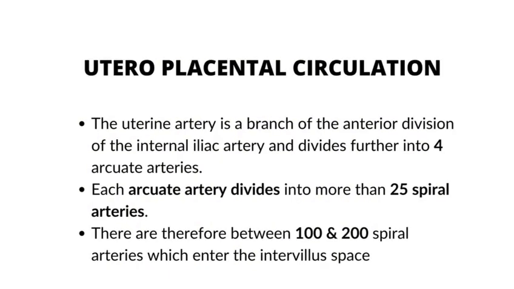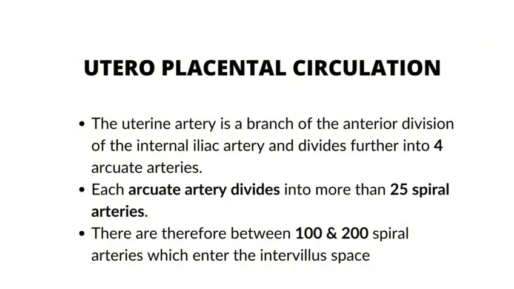Now we should discuss the uteroplacental circulation. The uterine artery is a branch of the anterior division of the internal iliac artery and divides further into 4 arcuate arteries. Each arcuate artery divides into more than 25 spiral arteries.